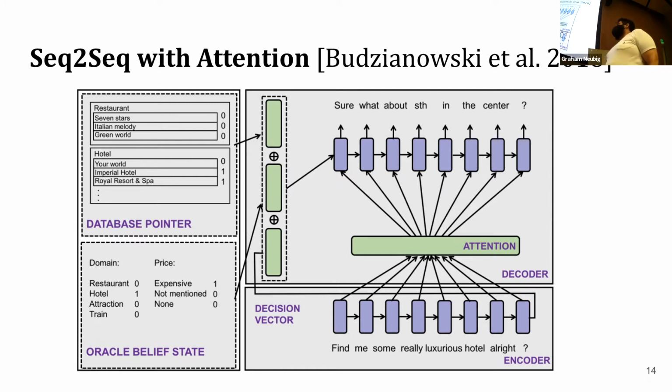What is slightly different here, and why this isn't just seq2seq with attention, is that some database vector, as well as some Oracle belief state, is incorporated into the final hidden state of the encoder with a linear layer. So basically, we are encoding the dialogue history, combining it using a linear layer with the database vector as well as the Oracle belief state, and using the result of that concatenation to initialize the decoder. So this is the most straightforward model for task-oriented dialogue.